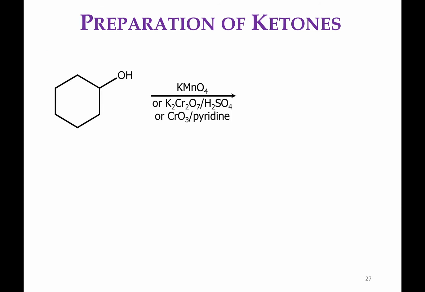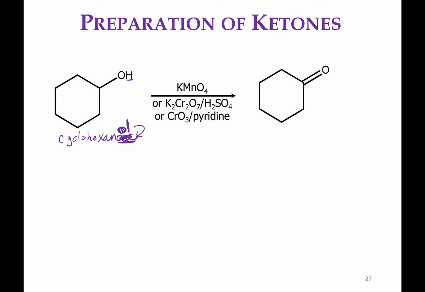So that would look something like this. This is cyclohexanone is what we're going to get, but right now it's cyclohexanol. So we're going to take cyclohexanol and change it to cyclohexanone by removing a hydrogen from here and one of the other hydrogens from the carbon.